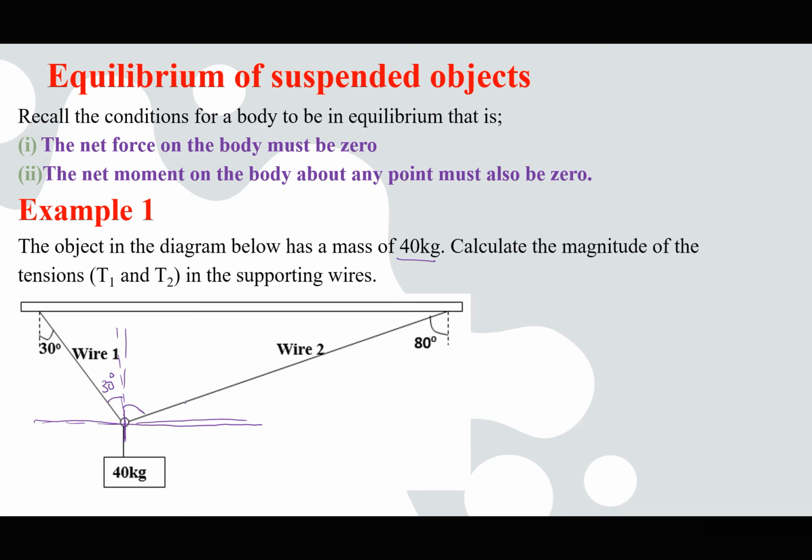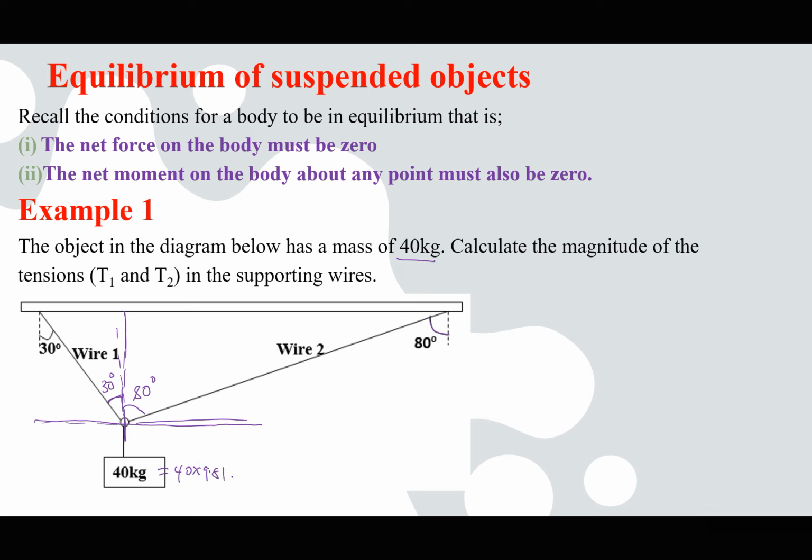This angle is also going to be 80 degrees because they are corresponding angles. So if this is 80, if I draw a vertical line, this will be 80. This will be 30. So we have a mass of 40 kilograms. So the weight here is going to be 40 times g, so 40 times 9.81.